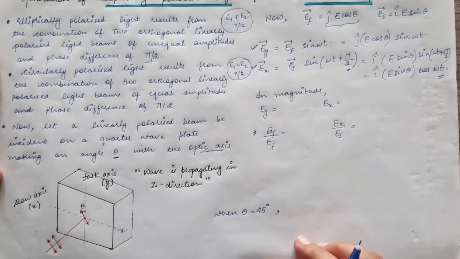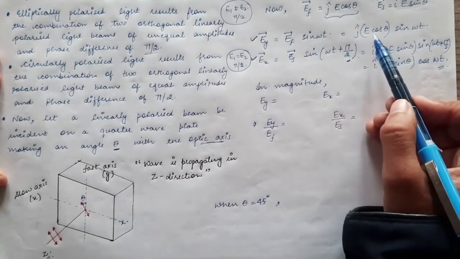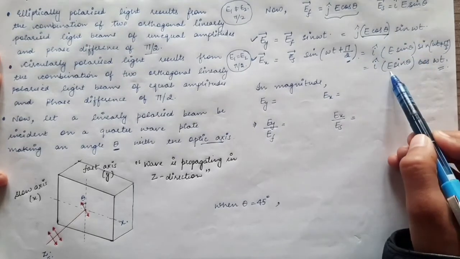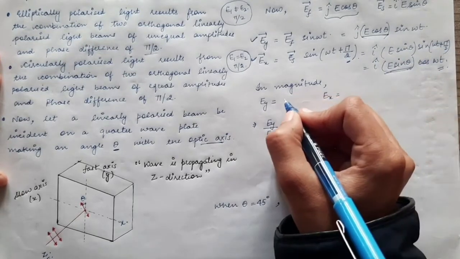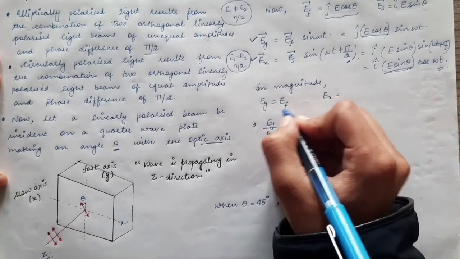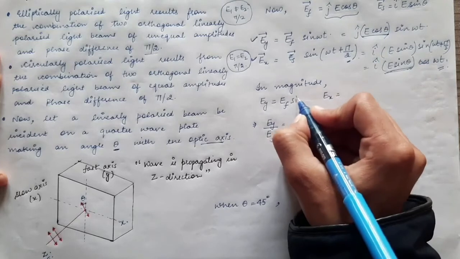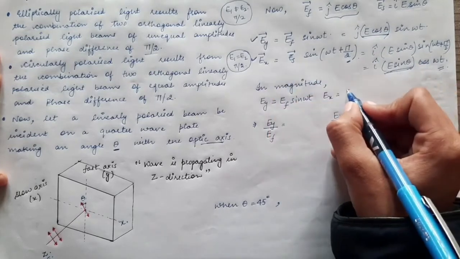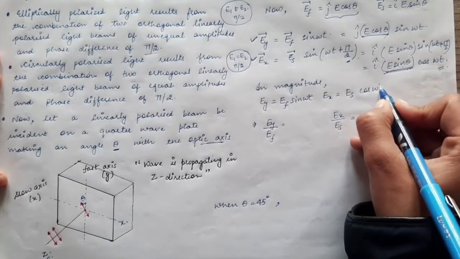So now we are writing just the magnitudes. EY in the case of magnitudes can be written as, now this is EF and this is ES, so EY will be written as EF into sine of omega t, and EX can be written as ES into cos of omega t.